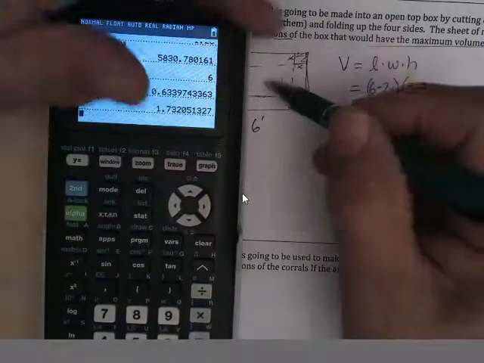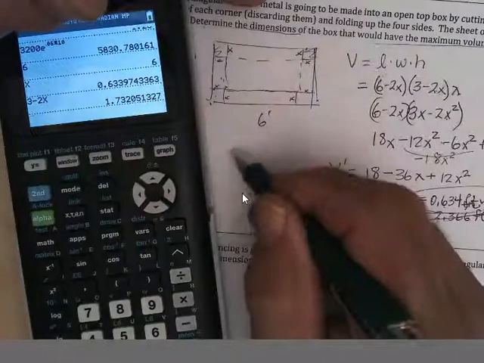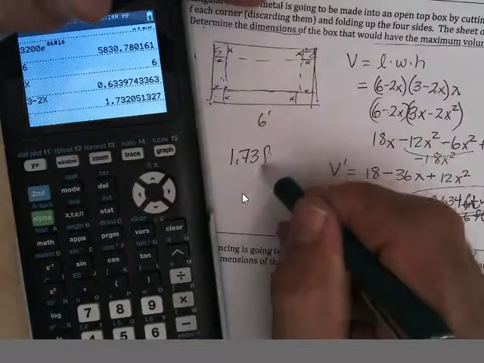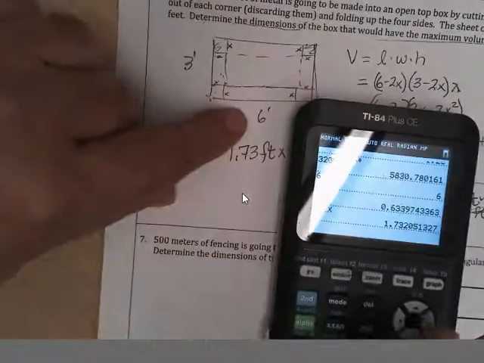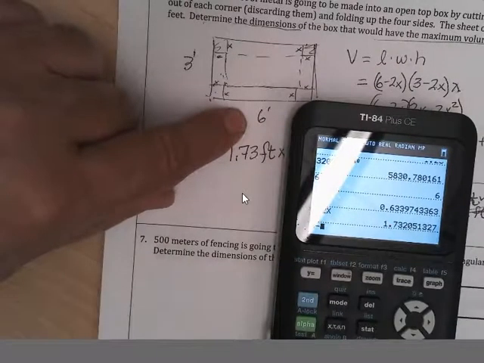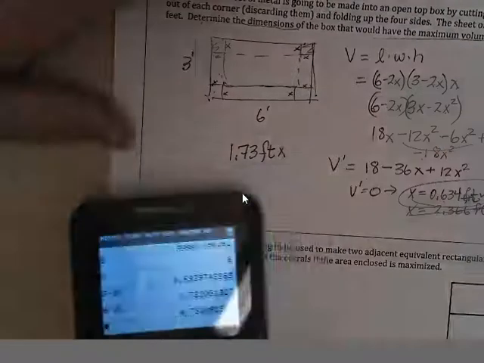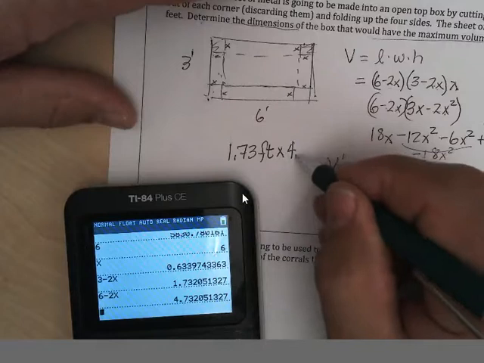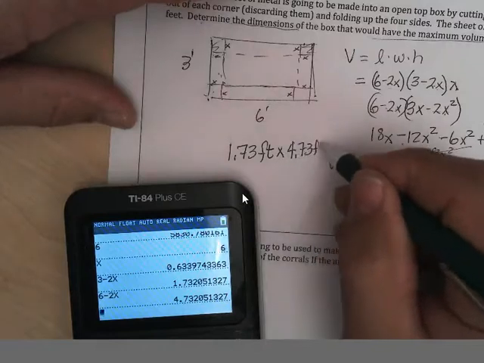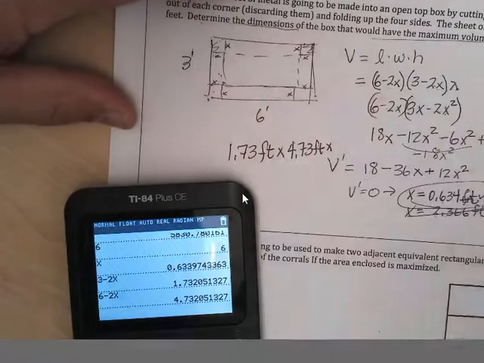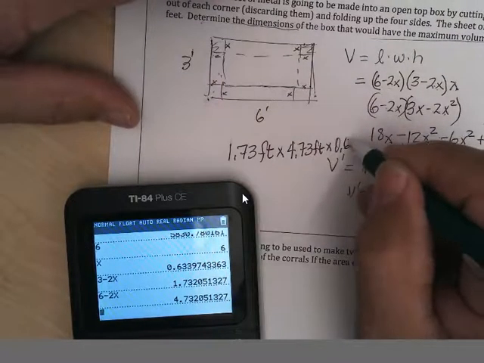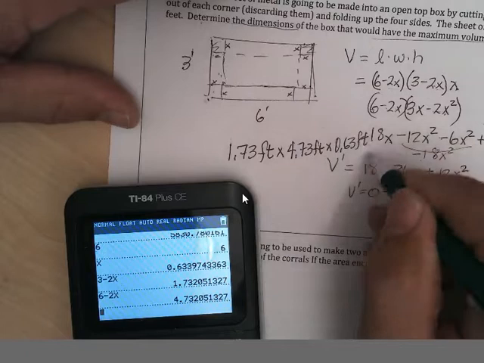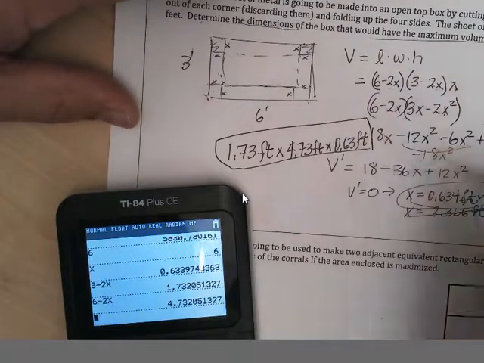So one dimension of the box this way is 3 minus 2x, 1.73 feet, by 6 minus 2x, and that's 4.73 feet, by the height, which is 0.63 feet. Doing it all in feet. So that's the dimensions of the box.